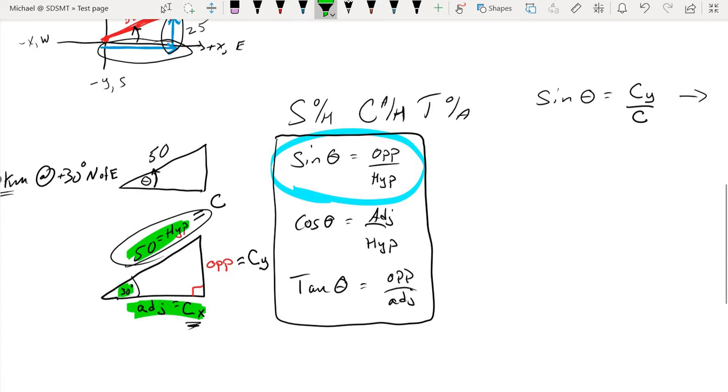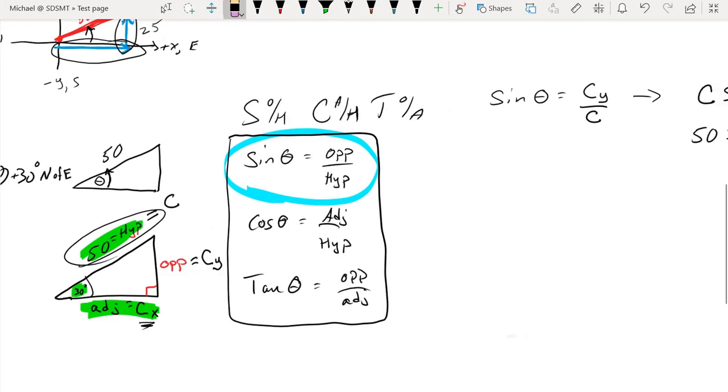Now, we do technically know what the y component of our triangle is, so really we could use just about any trig function, but that was a calculated value. Unless we know for sure that that value is correct, we probably don't want to use that to try and solve for another value in our system. So we're not going to take that chance just yet.